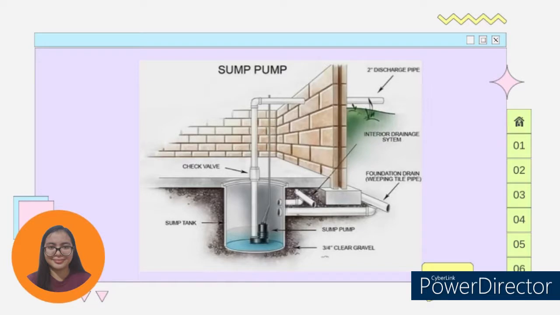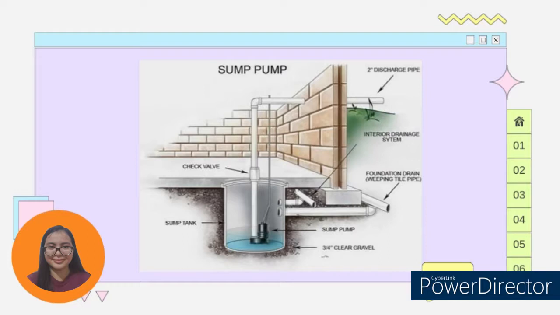So here is how a sump pump looks like. As we can see, it is located in the basement. Here we have a pit where the sump tank is located, and the sump pump on the bottom part of the sump, and a check valve and pipes that lead to the outside of the house.